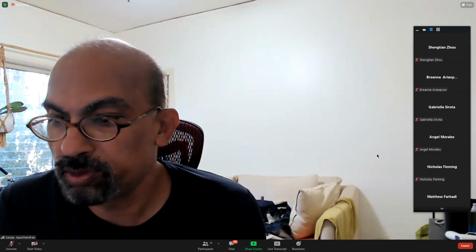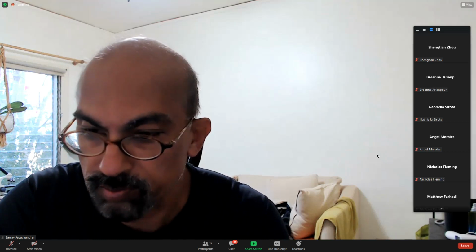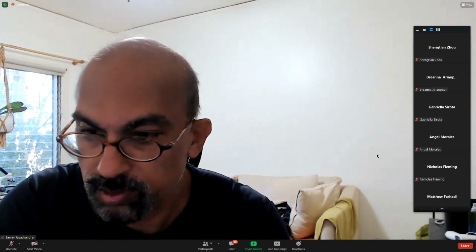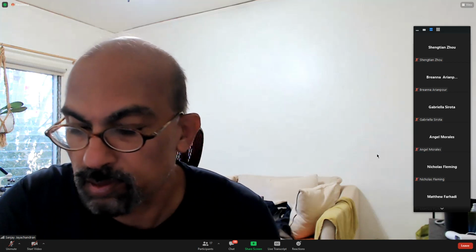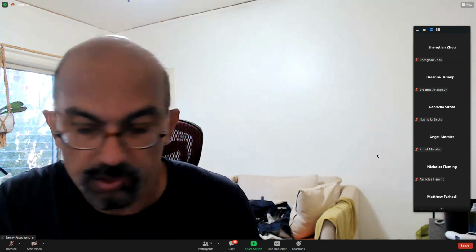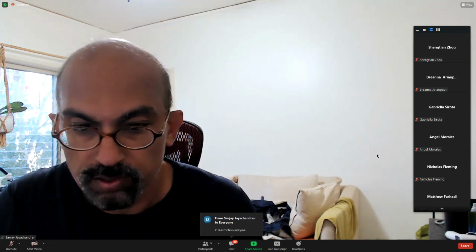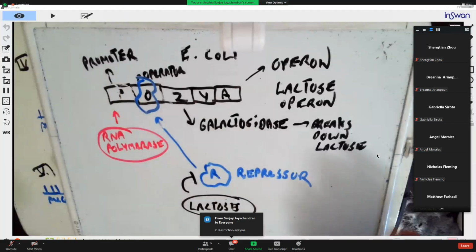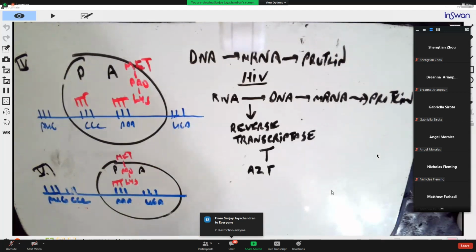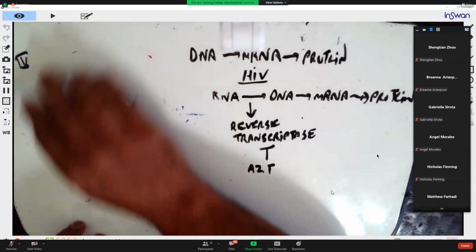Okay, so tool number 2 is something called the restriction enzyme. So what is this enzyme? In the 60s, they found that bacteria have defense mechanisms against viruses that invade bacteria.